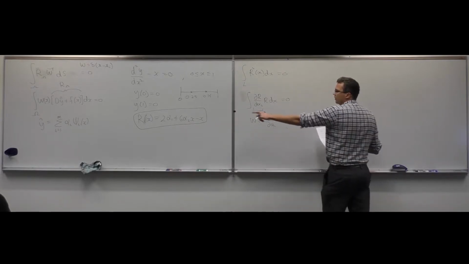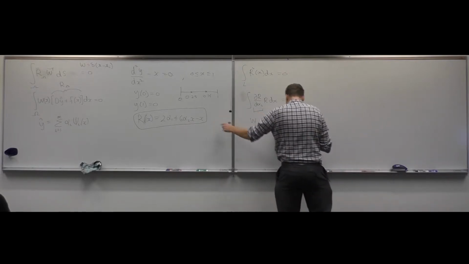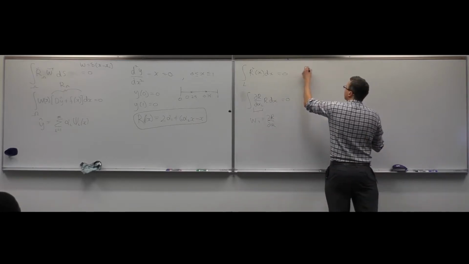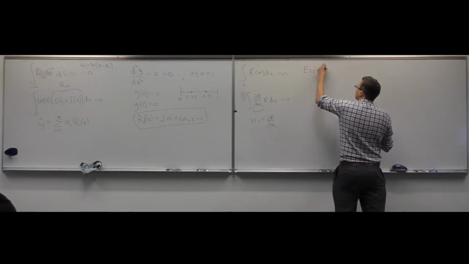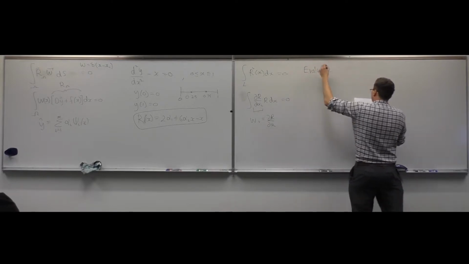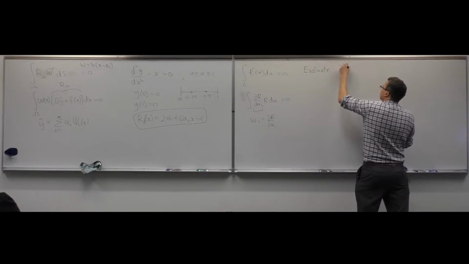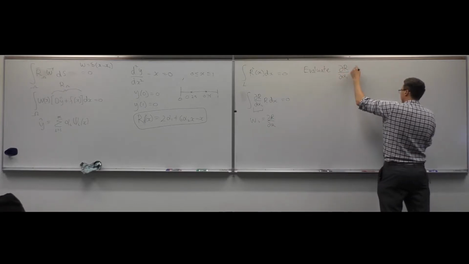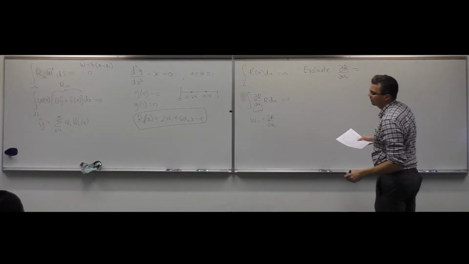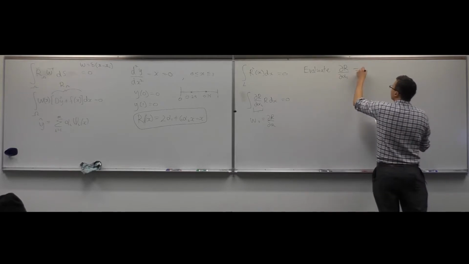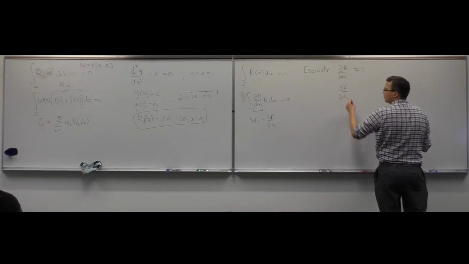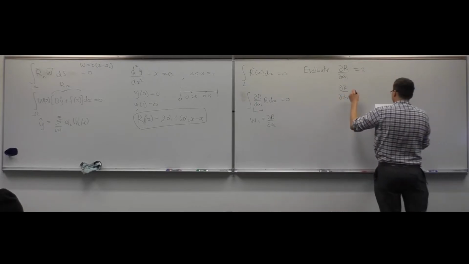So let's take the derivative of this residual. So we're going to have the derivative of our residual with respect to alpha 1, and that's just going to be 2, and then the derivative of r with respect to alpha 2, that's going to be 6x.